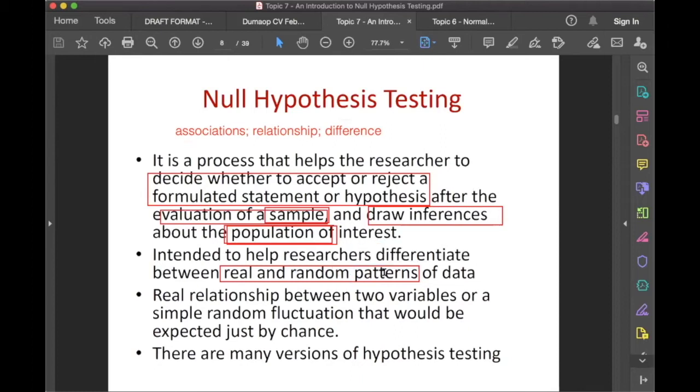When you say random pattern, what kind of words come to your mind? You see something, it seems meaningful, but you know that's just a random pattern. How would you describe a random pattern? What words come to your mind when you say random pattern?